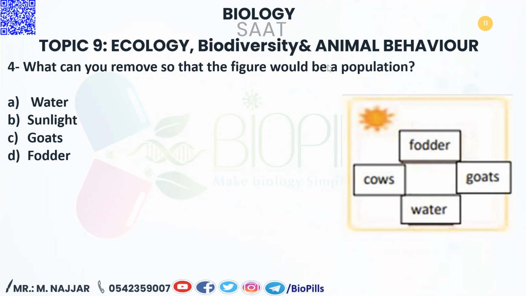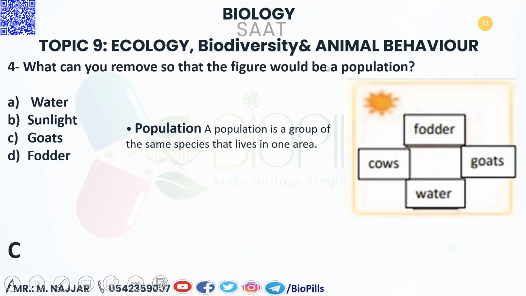Why? Let's extend our explanation. Listen here, it says "would be a population." A population is made up of a group of living organisms of the same species. So if you remove the goats, what will remain?